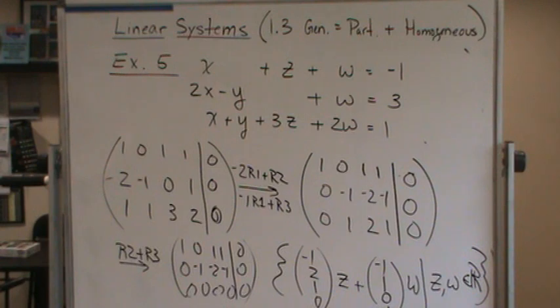In fact, the solution set for the associated homogeneous system is infinite. Nonetheless, because the original system has no particular solution, its general solution set is empty, and the reason is that there are no vectors of the form p plus h, because there are no p vectors.